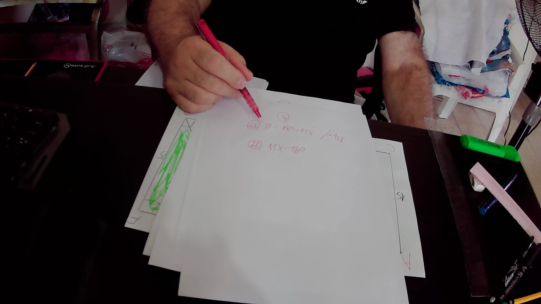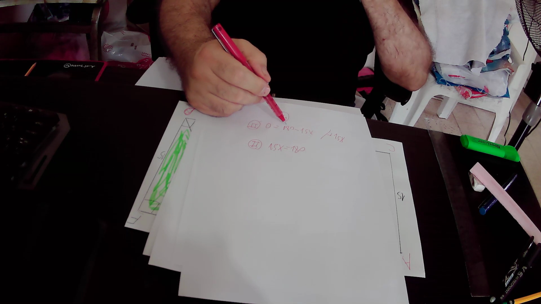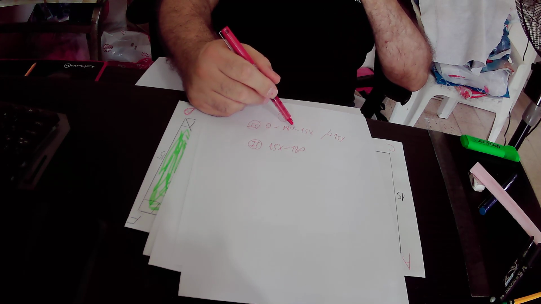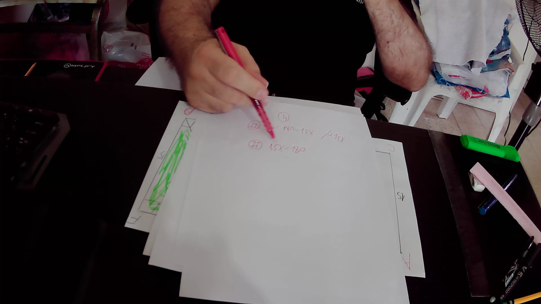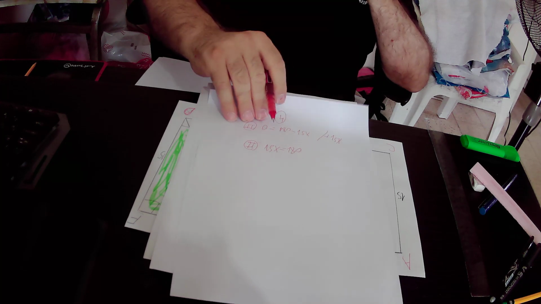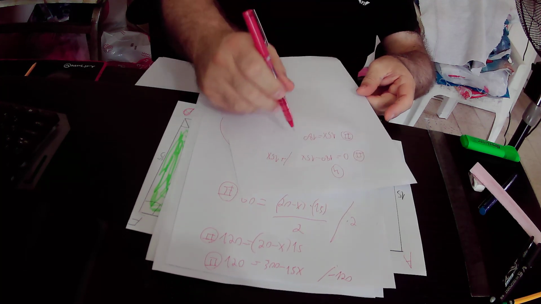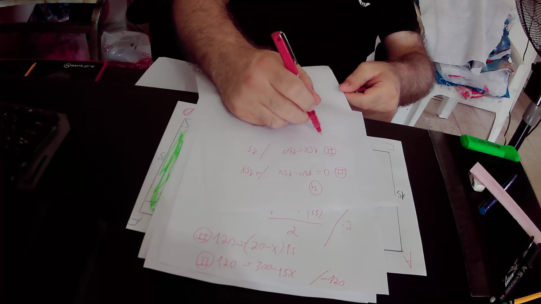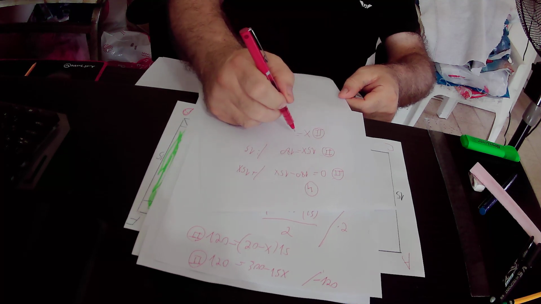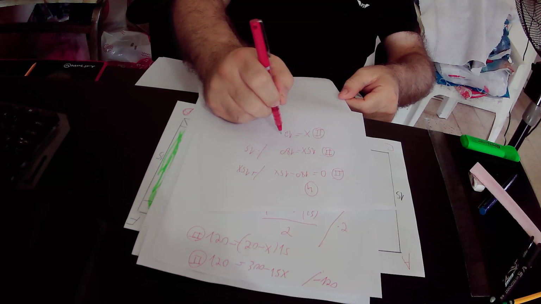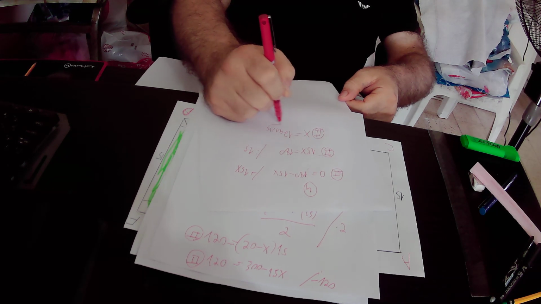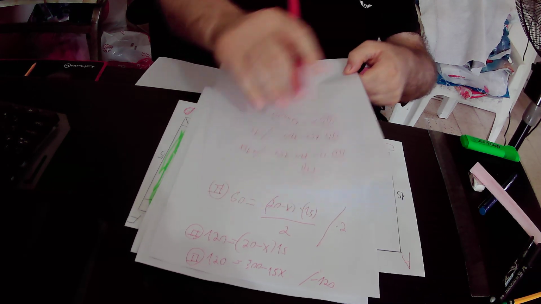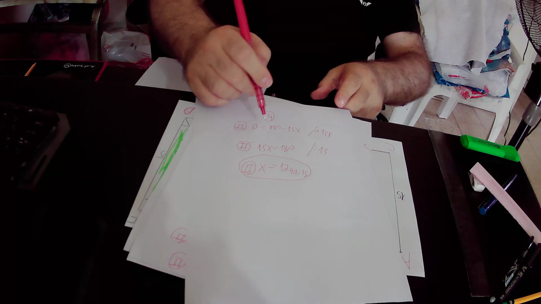0 plus 15x equals 15x, and 180 minus 15x plus 15x equals 180. We will divide the equation by 15.